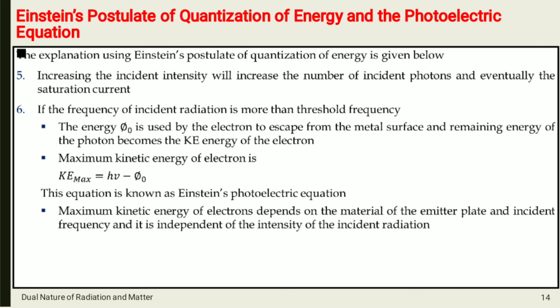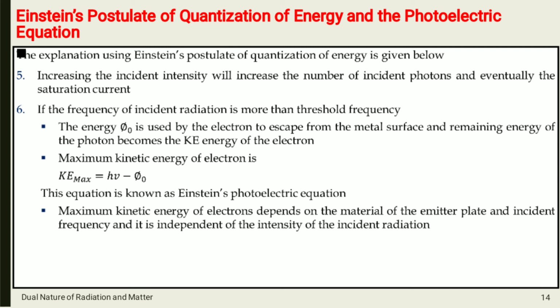The number of photons incident on the metal surface will increase, and due to that the number of electrons emitted from the metal surface also increases, and due to that what will happen? Saturation current also increases.